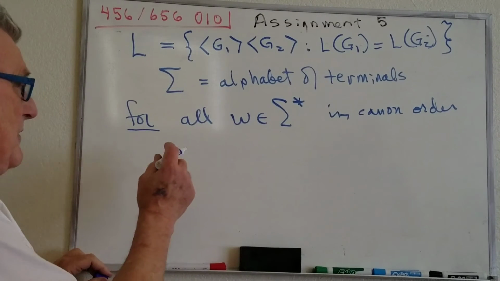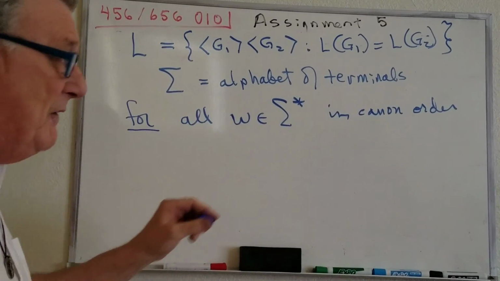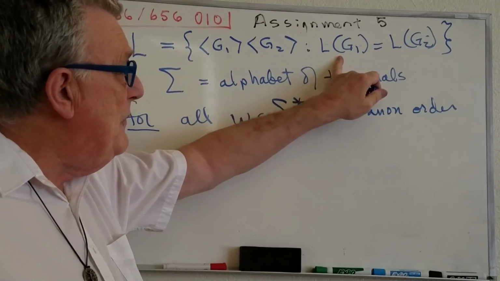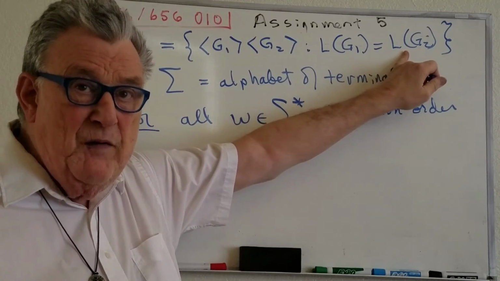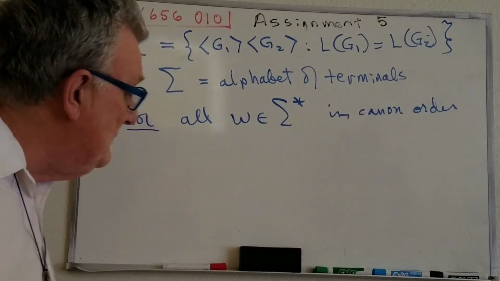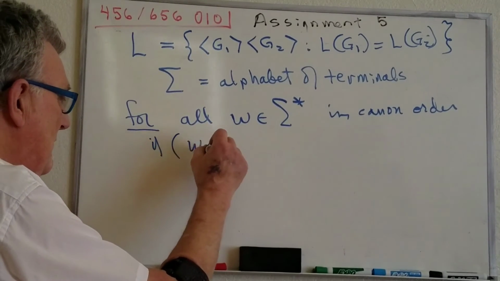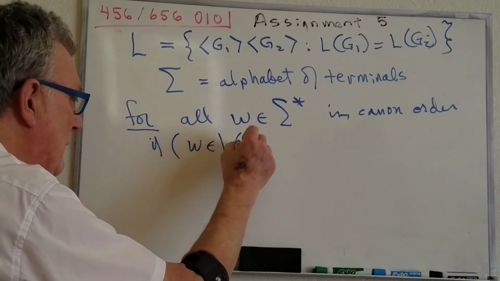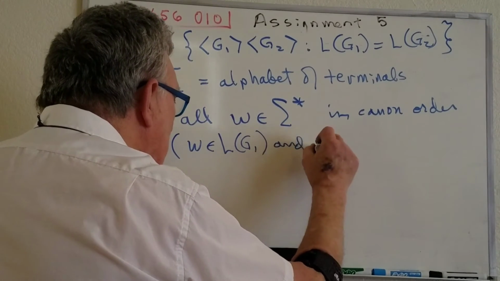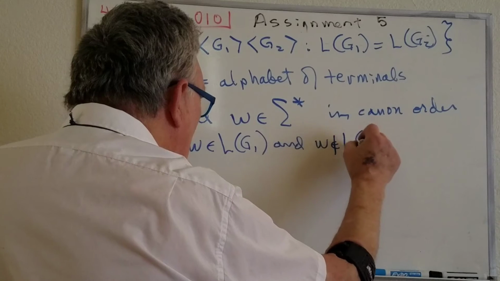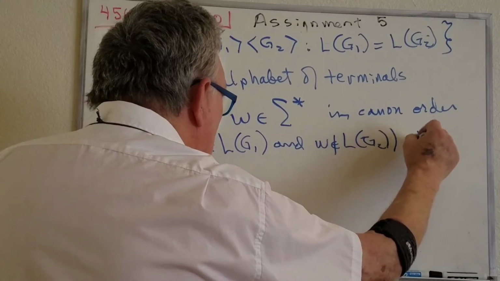Now, for each of these strings, we can use the CYK algorithm to decide whether W is a member of this language, and we can also use the CYK algorithm to decide whether W is a member of this language. So now we say, if W is a member of LG1 and not a member of LG2, and we can decide both of those two questions, then we halt.